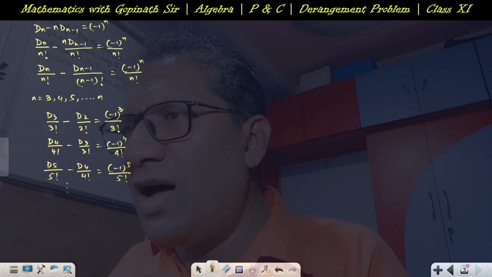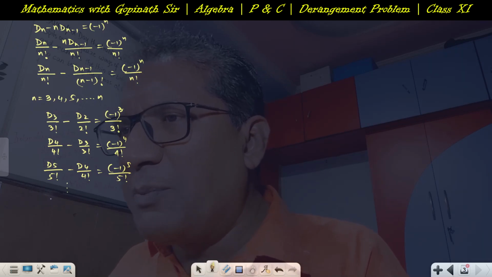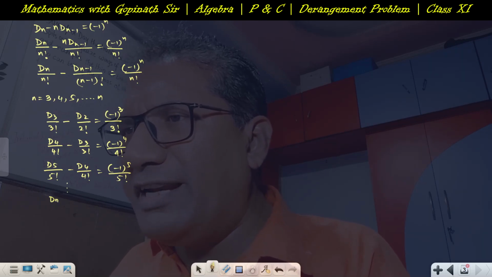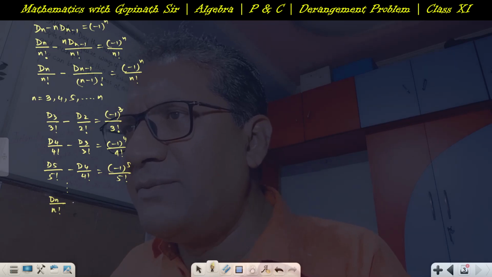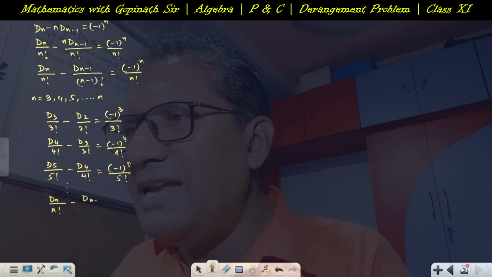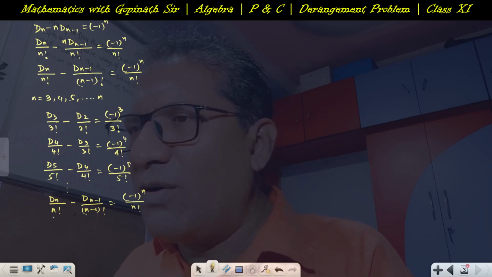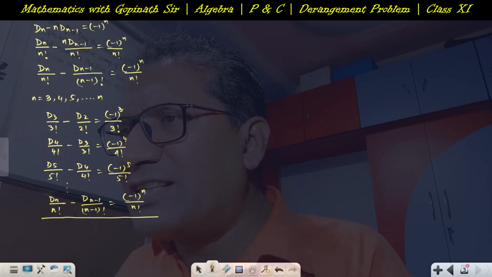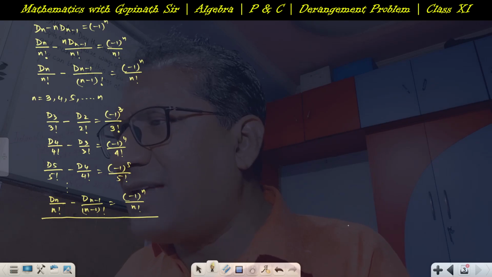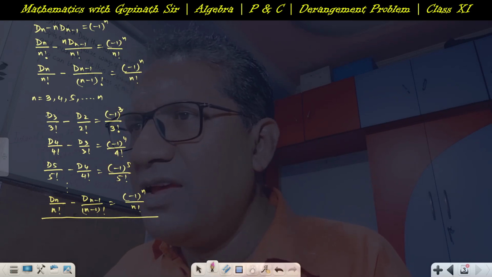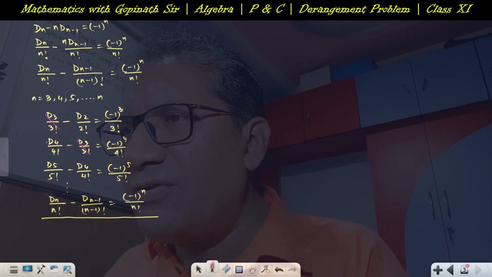And this thing will go on. So at last, you are putting n. So it is dn over factorial n minus dn minus 1 over factorial n minus 1 is minus 1 whole to the power n by factorial n. Now, if I add the corresponding sides, look very carefully. This will go off, this will go off, this will go off.